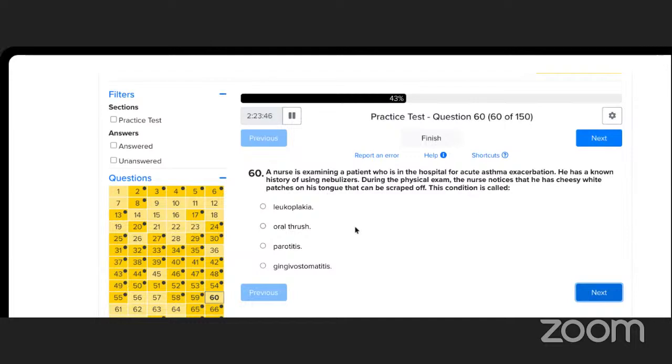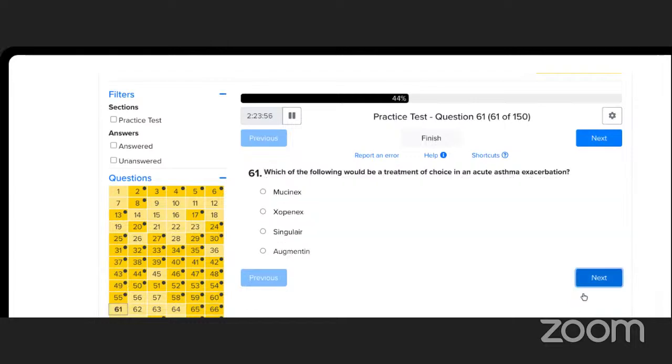And can you guys remember how they treat this? All right, B. Which of the following will be a treatment of choice in acute asthma exacerbation? Okay, I'm gonna skip this one.